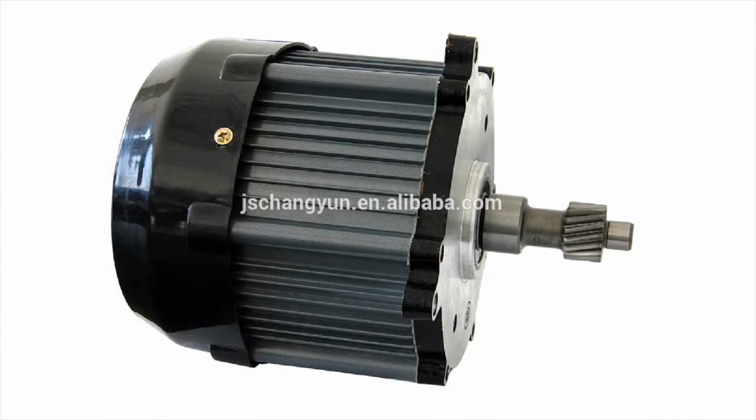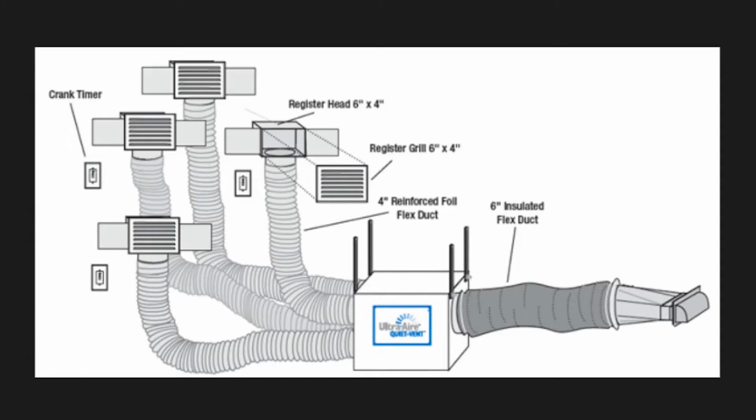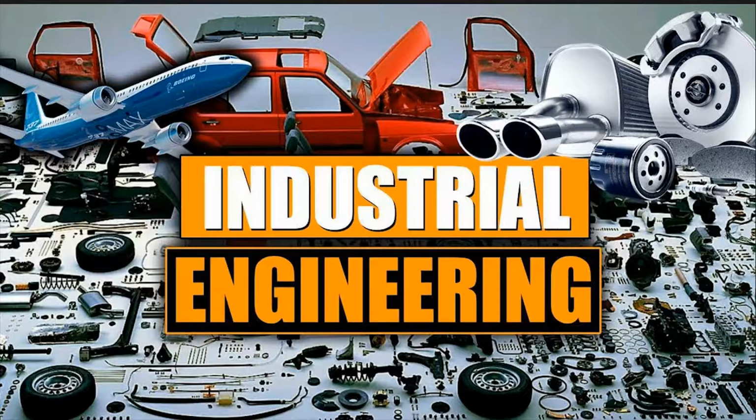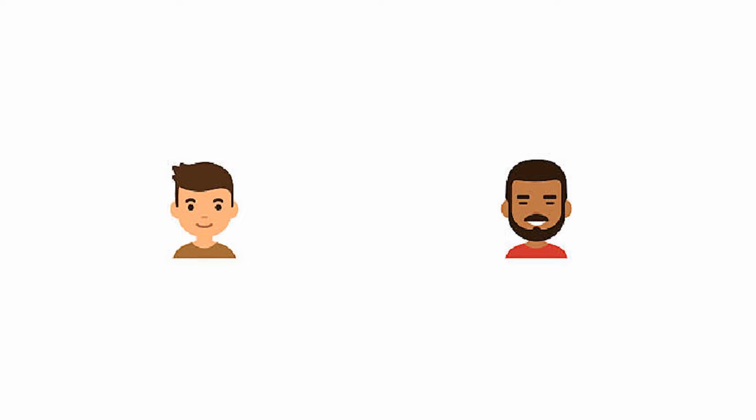The BLDC motor is a very popular component and is widely used and applied in a lot of fields, such as consumer electronics to make phones and laptops, in transports, heating and ventilation systems, industrial engineering, and even model engineering. So yeah, that's it for BLDC motors.